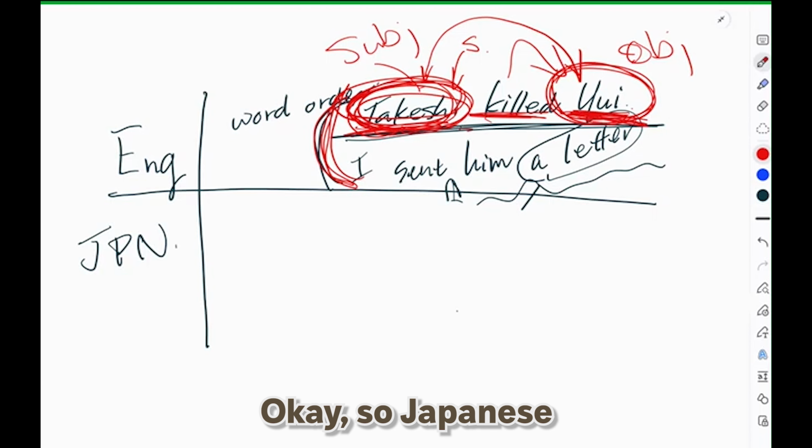Okay, so in Japanese, instead of word order, caring about which noun comes first, we say something like, okay, we're gonna add this particle, wa, and this wa will say that, hey, this noun that's connected to me is the subject of the sentence.